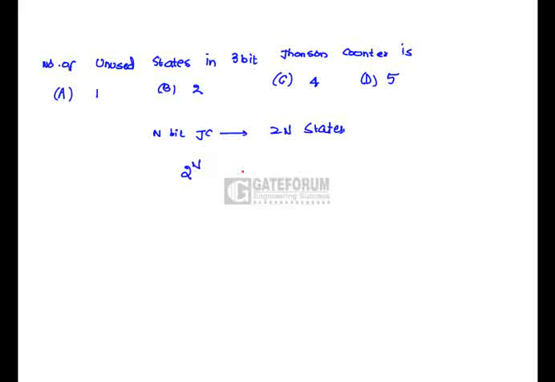So the number of unused states is 2 power n minus 2n. Here n equals 3, that is 2 power 3 minus 6, that is 2 states are the unused states, so option B is correct.